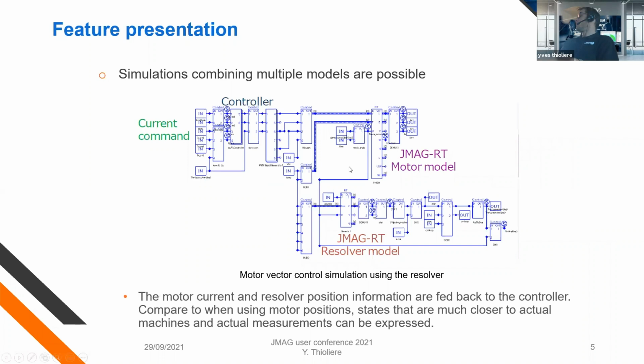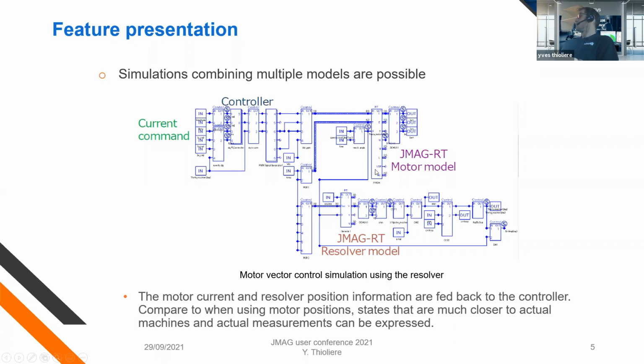Here is an example. That's the example Nicolas showed you during the presentation of Dr. Takashi Yamada. You can see that in this circuit, there are several different RT models. Here this is the controller and the command for the motor. Here is the motor. This component is the JMAG RT motor model. JMAG RT is a behavior table of the model.